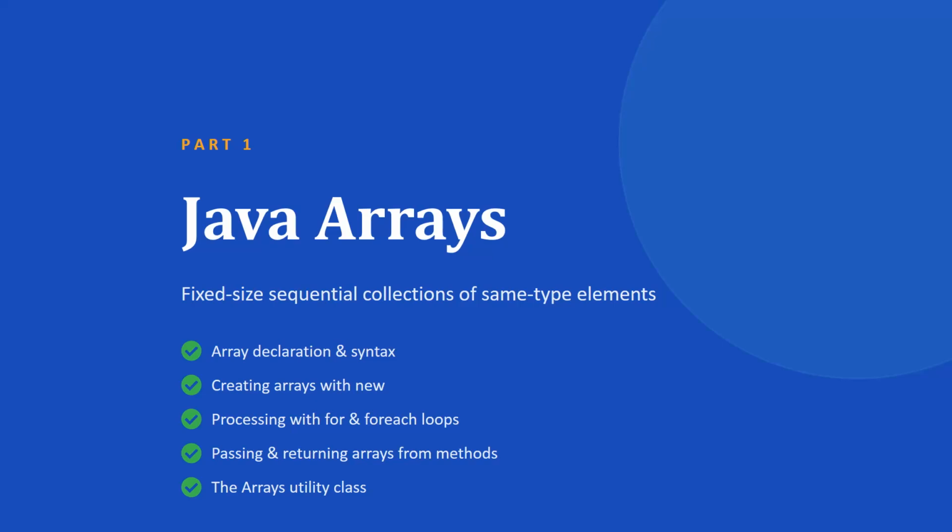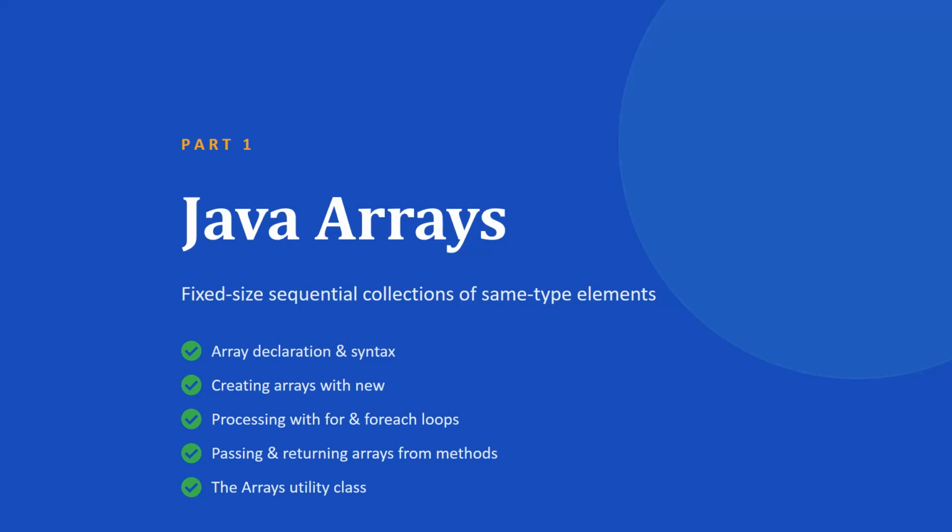So array declaration and syntax, creating arrays with new. You have seen that because we have used new combined with for loops, grades, and marks in the last example that we have done, and you've seen how we populated those arrays to assign every student their respective marks.